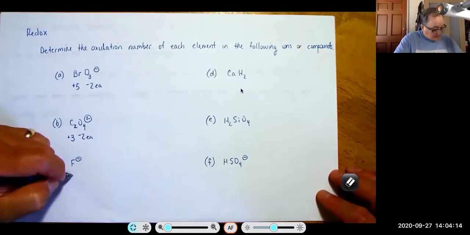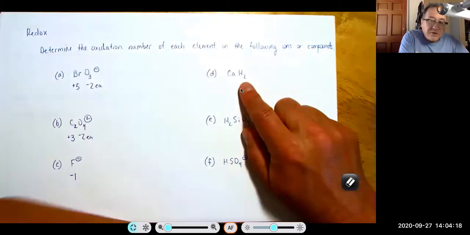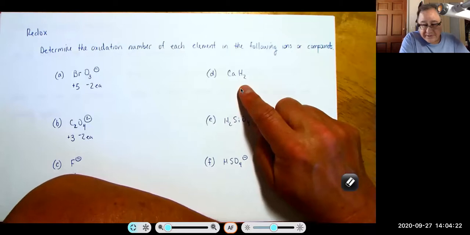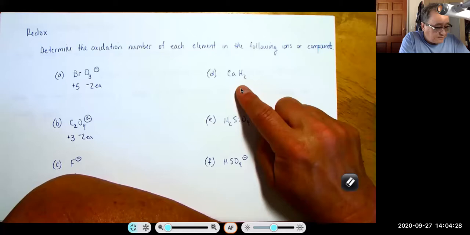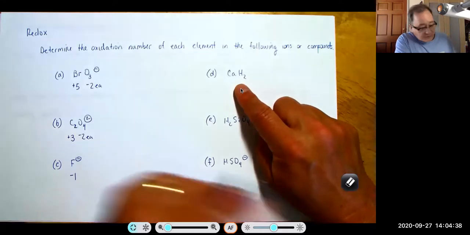Fluorine, -1. Here, you might say, okay, we're going to do the hydrogen first because it comes before carbon, oxygen, the rest of those things. But this is not a hydrogen in a compound for that particular rule. A rule that comes before hydrogen is -1 or +1, a rule before that is monoatomic ions have an oxidation number equal to the charge.